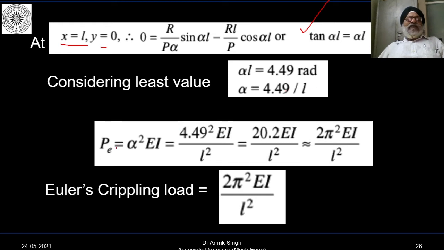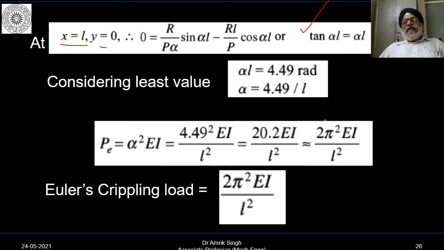So you can put this value here in the place of alpha square. We know that P is equal to alpha square into EI. So you put the value of alpha square, that means 4.49 square upon L square into EI. If you square 4.49, it will come to 20.2. This can be approximated as 2 pi square, so this value is approximated to 20.2.